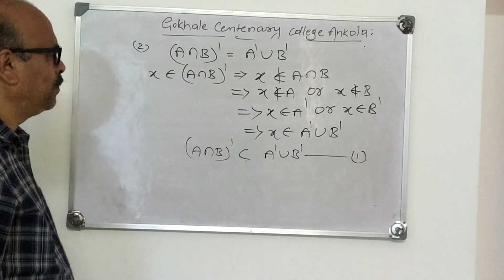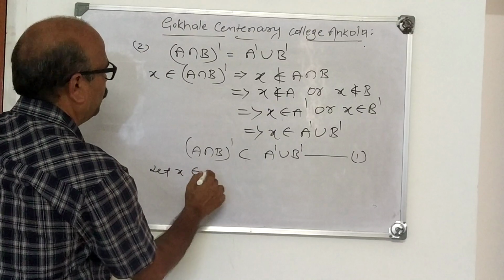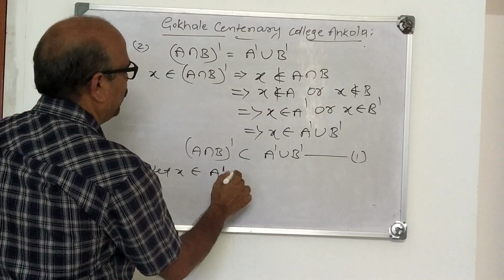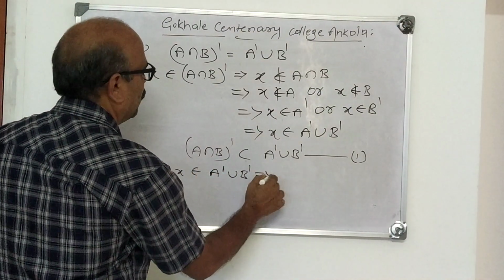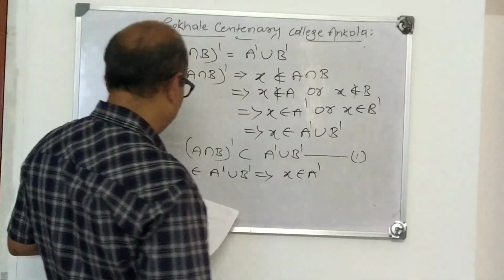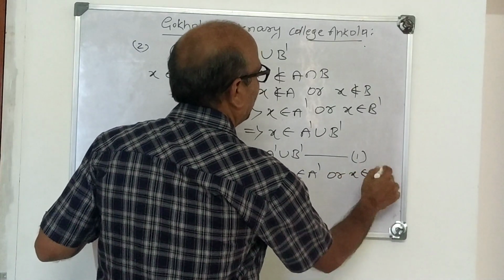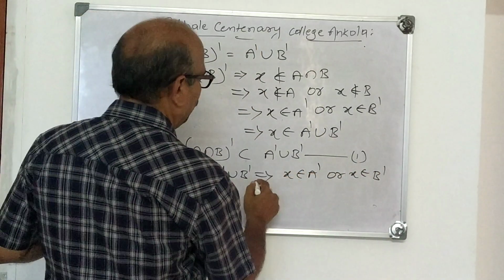Take this as 1. On the other hand, let x belong to A complement union B complement. What does this imply? x belongs to A complement or x belongs to B complement, because union means or.